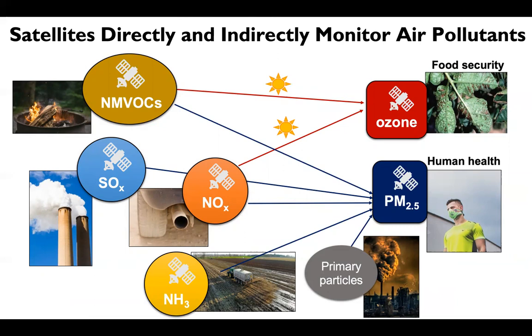We can see sources that lead to large emissions of SOx, so SO2 as one component of SOx, of NOx, NO and NO2, of ammonia, largely coming from agriculture, and then also the secondary pollutants that go on to impact food security, like ozone, which is toxic to crops, and then PM2.5, which is toxic to us. I'm not going to take you through a chemistry lesson here, but this is just to show the precursors we can see from space. These evolve chemically in the atmosphere to form ozone and PM2.5, or fine particles. And we can see many of these components from space.